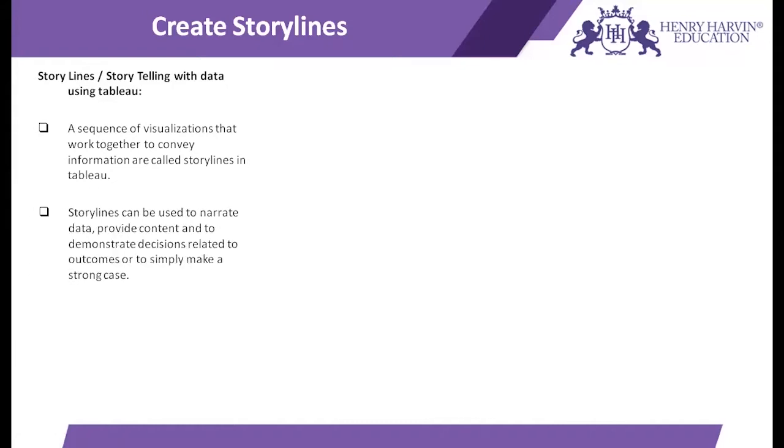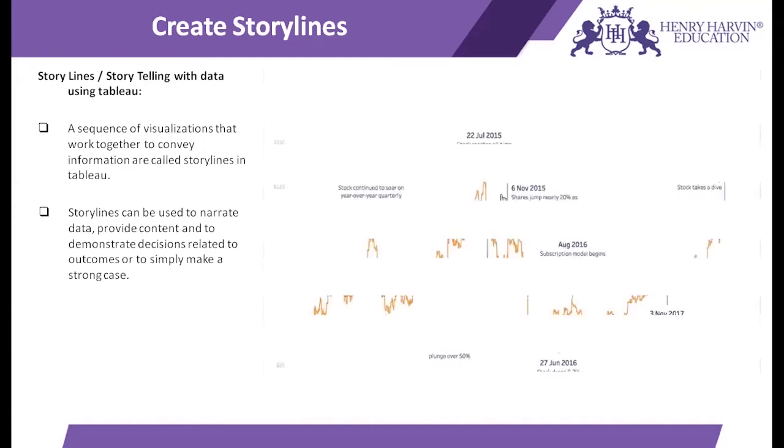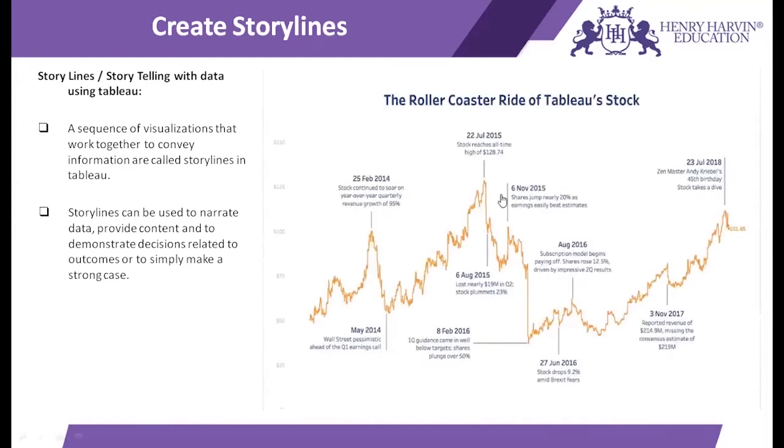They can be used to narrate the findings using data, and based on that narration, the decision makers can take a decision. This is how a story looks. This graph tells us how the stock prices of the Tableau company have moved in the last 4 years, from 2014 to 2018, and with each rise and fall we have a story to tell.